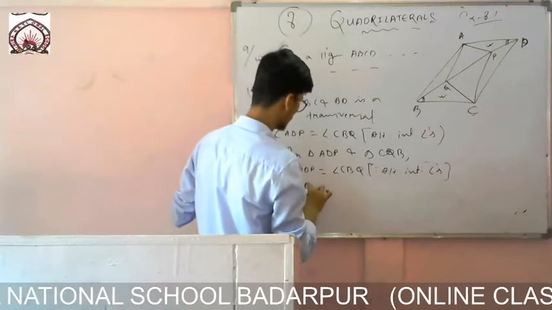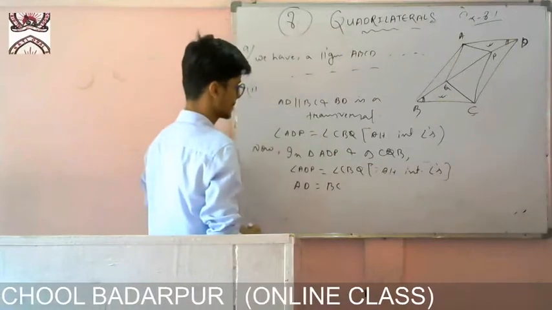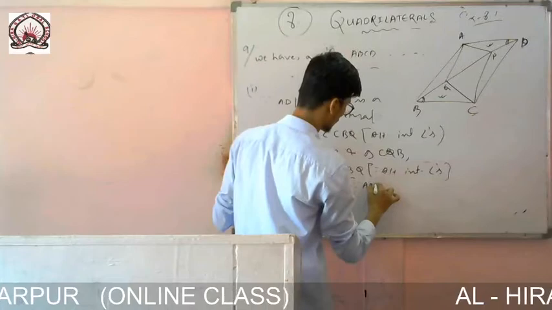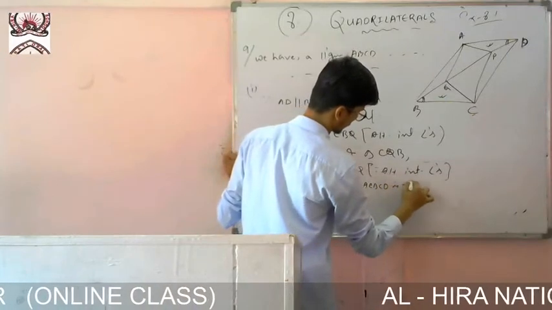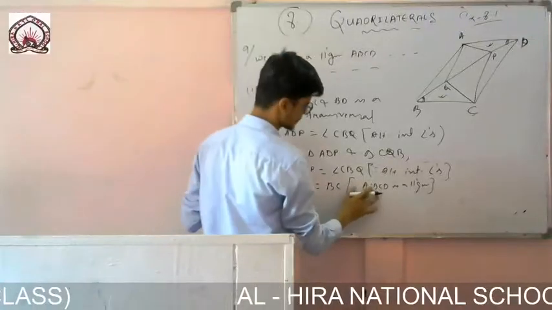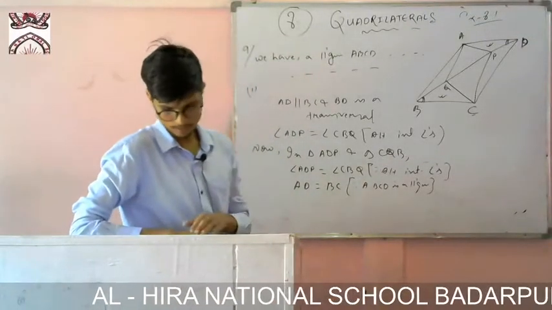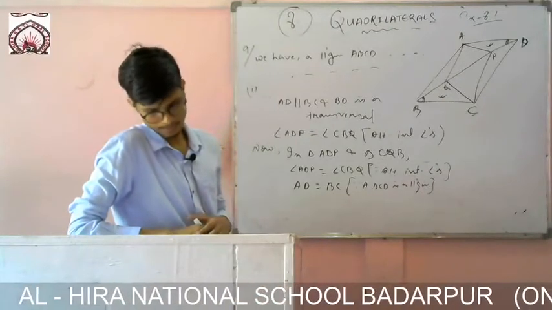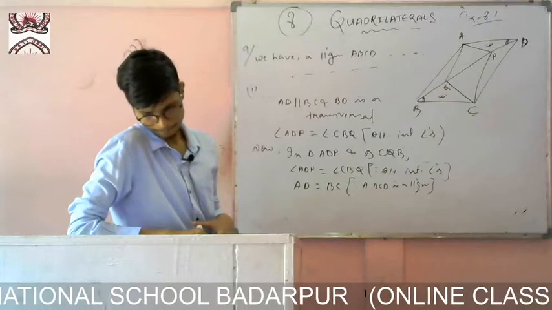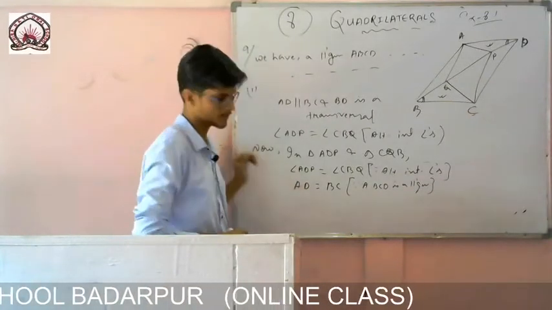Reason will be, since ABCD is a parallelogram, or you can write opposite sides of a parallelogram. Okay, and PD equals QB. It is given in the question. DP is equal to BQ.